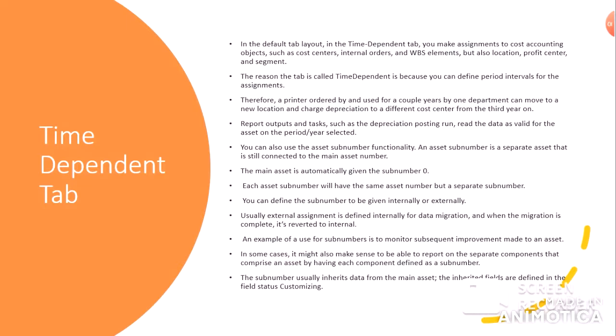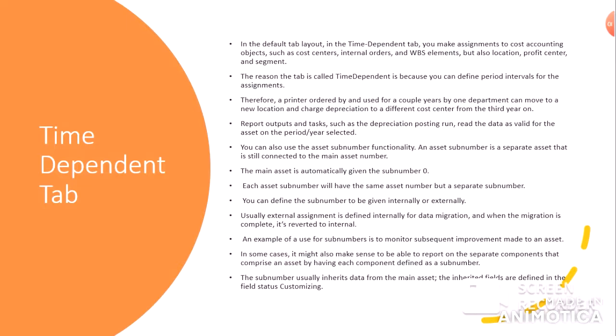The reason we call it time dependent is because you can define period intervals for those assignments. From this period to this period, this cost center is valid for this asset master data. Let us see an example. A printer ordered by and used for a couple of years by one department can move to a new location and charge depreciation to a different cost center from the third year onwards.